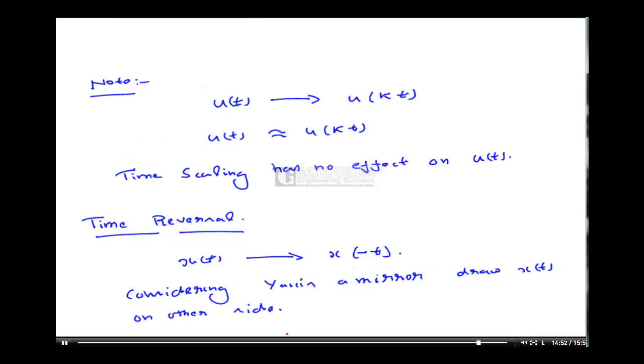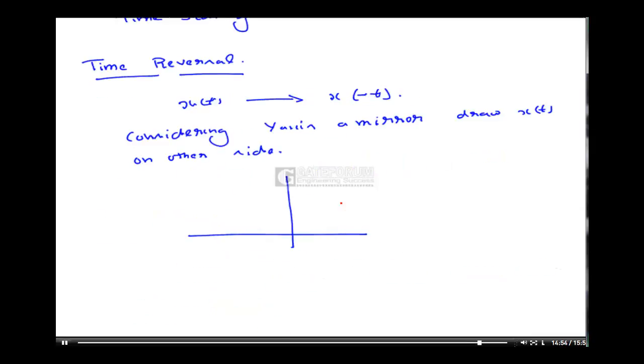For example, if I have a signal something like this, at 1, 3 and 4, with amplitude 1, this is my x t.